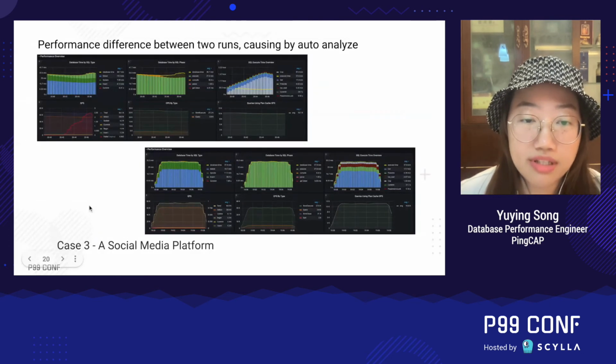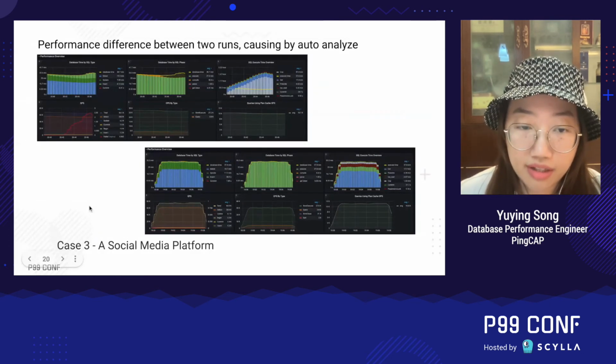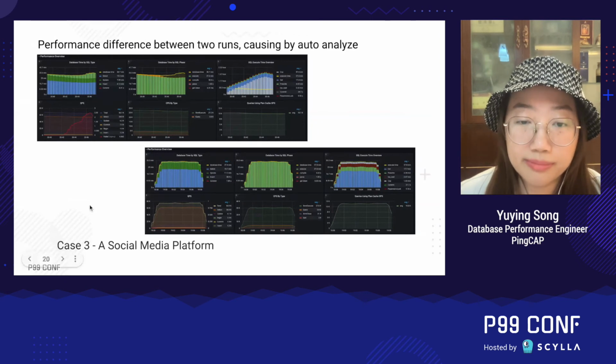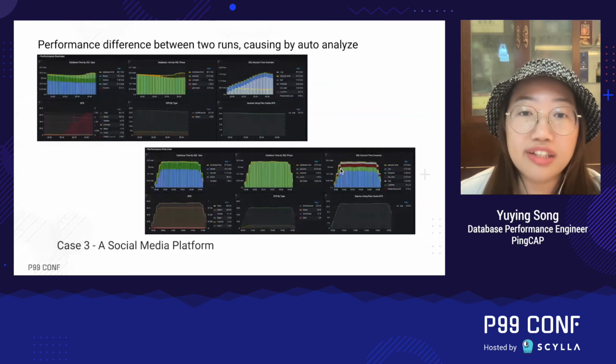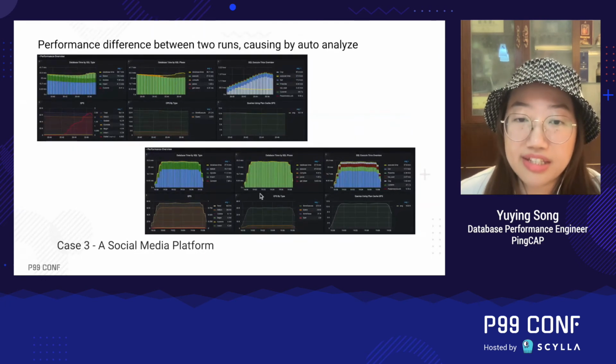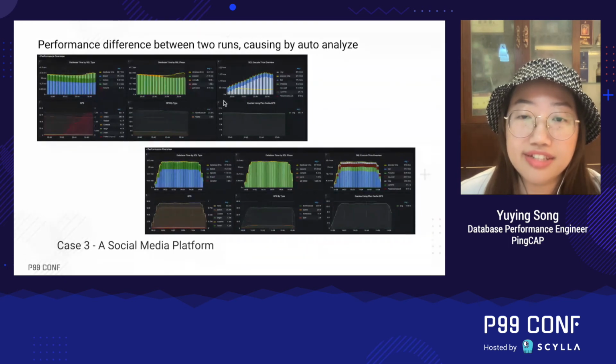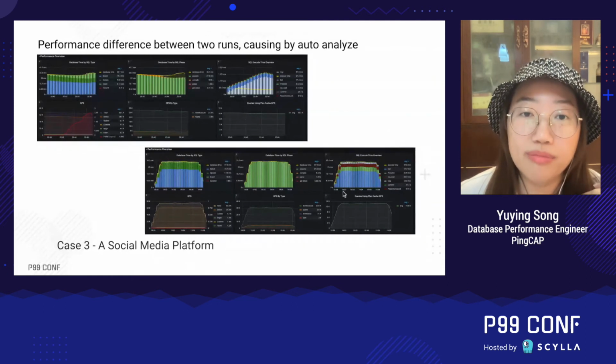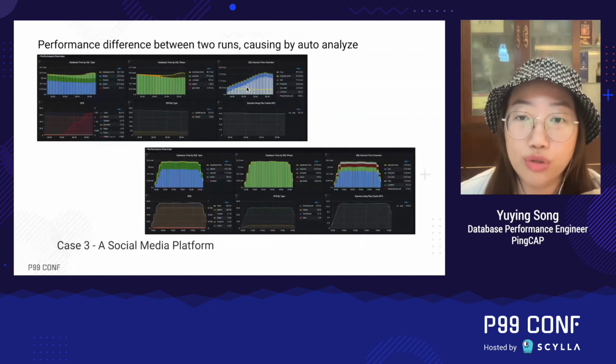Here comes the example of a social media platform. We can compare the time period of the same system. This is the screenshot of the normal system, and suddenly the customer reports to us that there's something wrong with the system, and it gets quite slow.